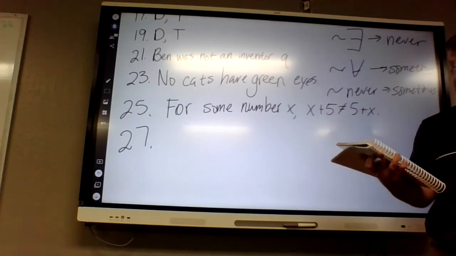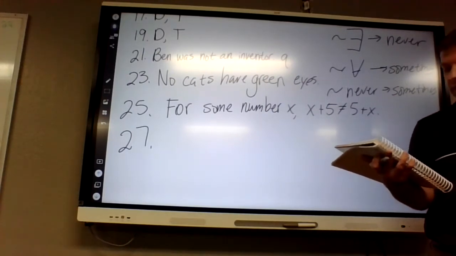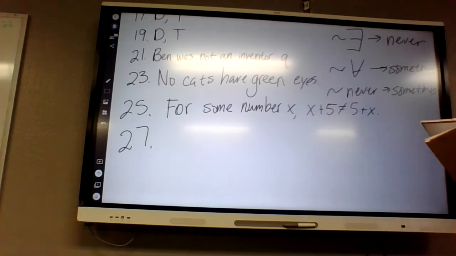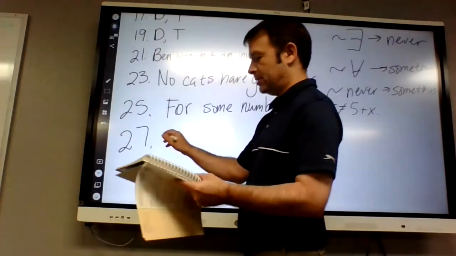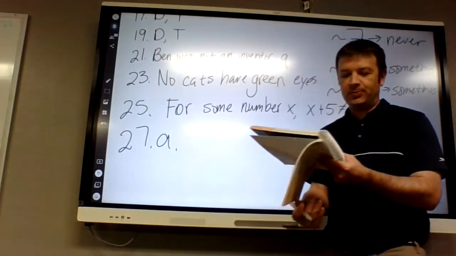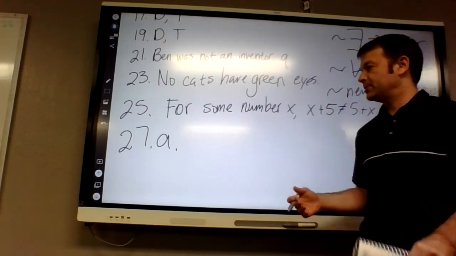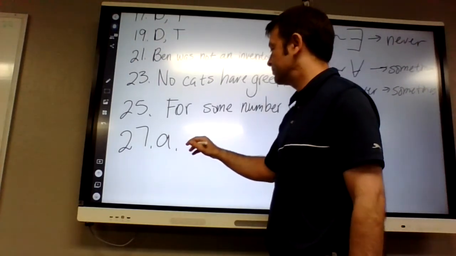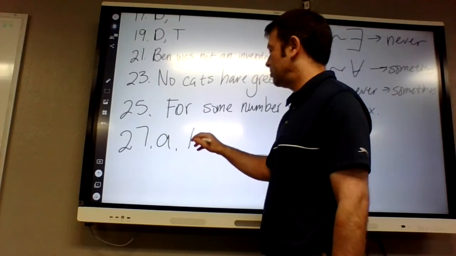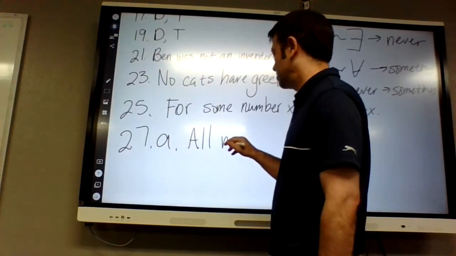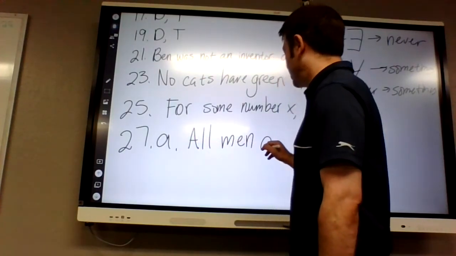All right, 27, A, B, C, D. So the statement is, men are bald. Shocking, yes. 27A, we're supposed to say, what did that symbol mean, upside down A? Always. So I'm just going to say, all men are bald. There's more than one way to say it.